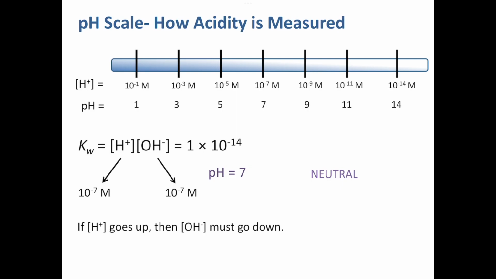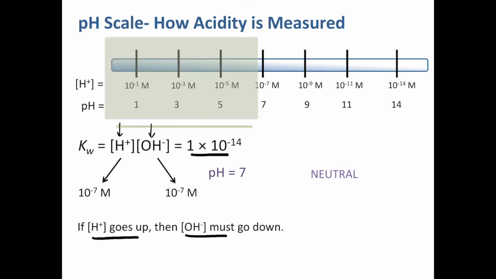But what you'll notice about this constant, Kw, being equal to 1 times 10 to the negative 14th, and being equal to the product of our hydrogen ion concentration and our hydroxide ion concentration, is that if our hydrogen ion concentration goes up, then our hydroxide ion concentration must go down.